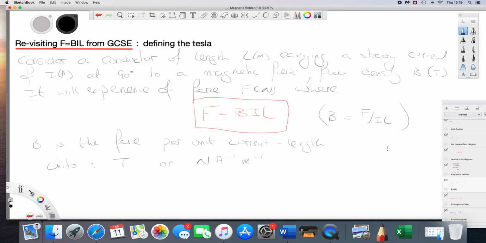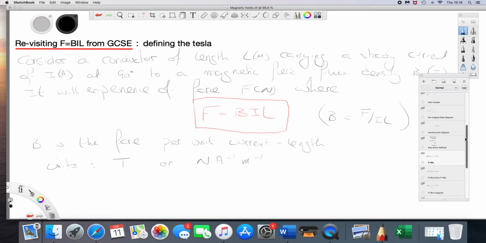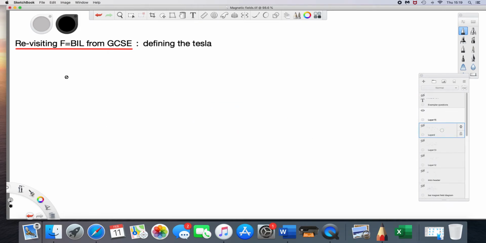So let's define for ourselves the Tesla.